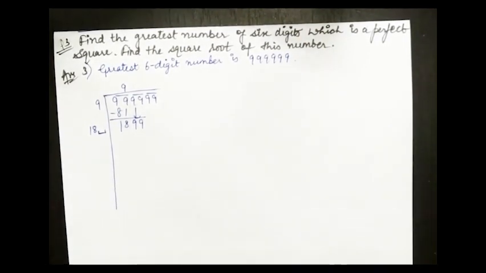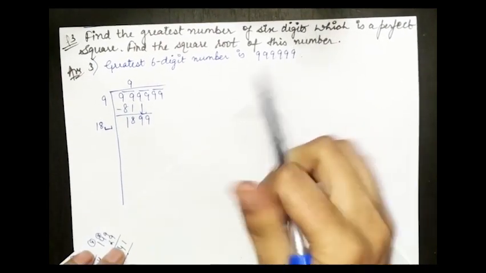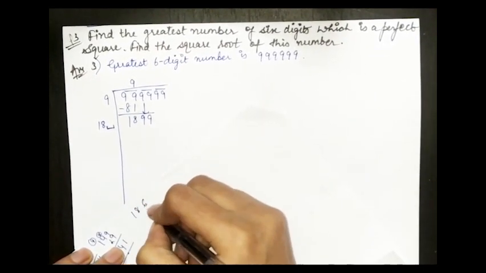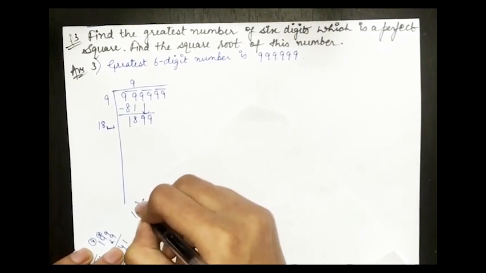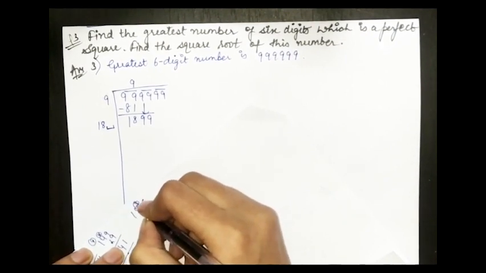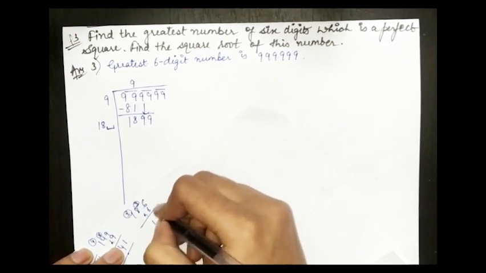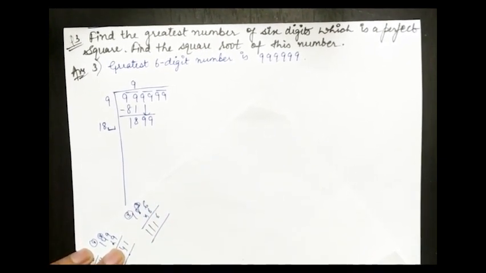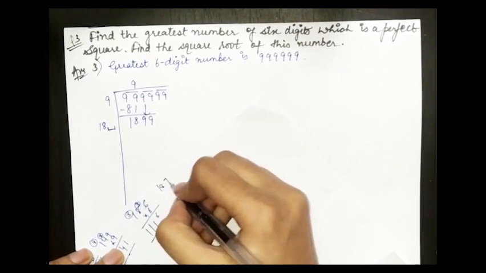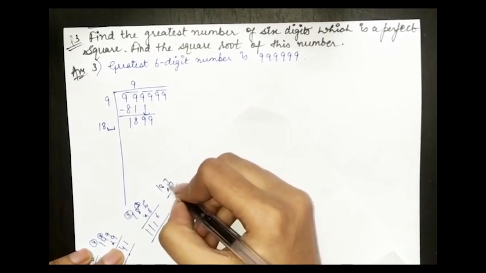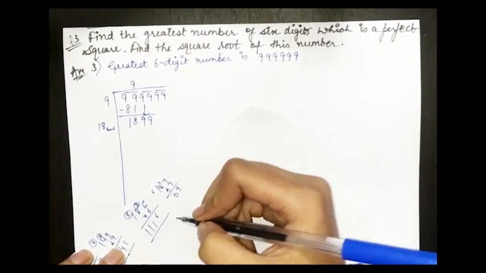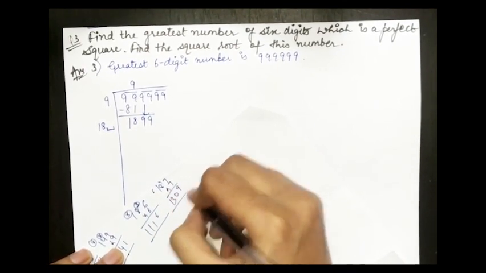So let's find that. 6 6s are 36, 6 8s are 48, 49, 50, 51. So 6 and 6, 7, 8, 9, 10, 11, means 1116. Now 1877 means 49, 7 8s are 56, means 60, 7 7, 8, 9, 10, 11, 12, 13, means 1309.